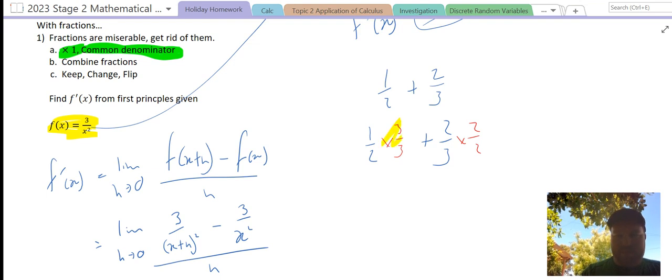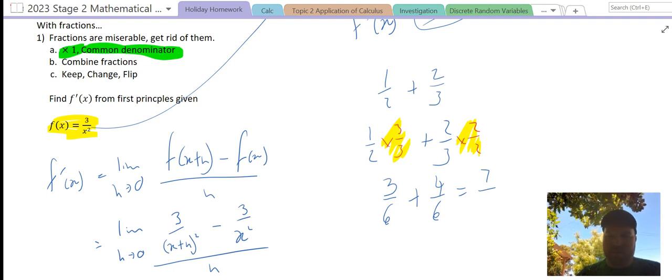Both of these are just 1. And by multiplying by 1, 3 on 3 is 1, 2 on 2 is 1, I get 3 on 6 plus 4 on 6. After that, I've got a common denominator. I can add the tops together, leaving the bottoms the same, is 7 on 6. Don't know why I wrote 4.